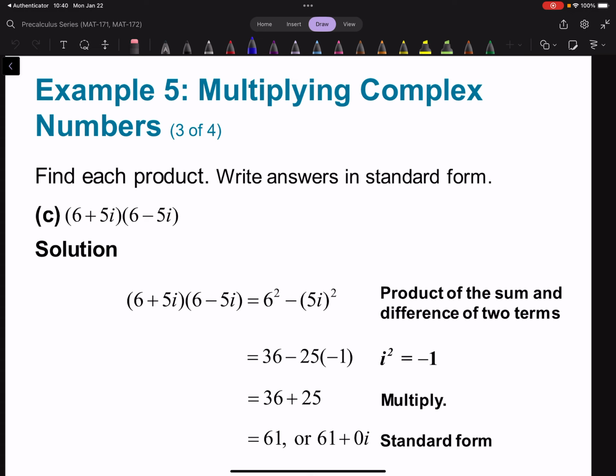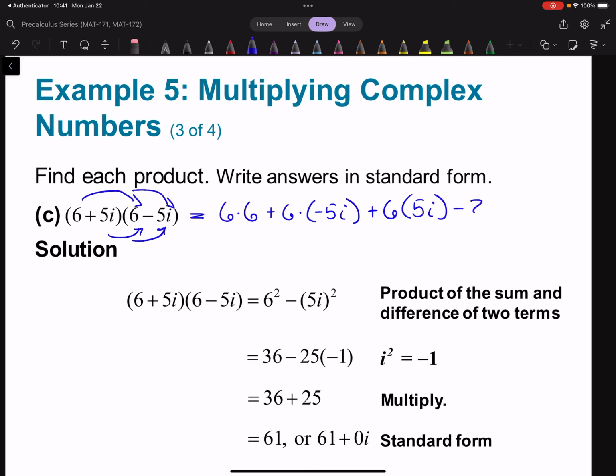Starting with this one, we're going to want to use the distributive property, distribute those values through. So I end up with 6 times negative 5i plus 6 times positive 5i minus 25i squared.